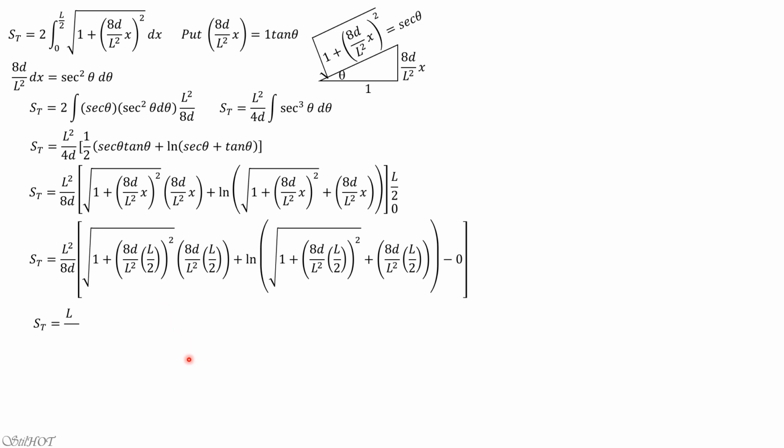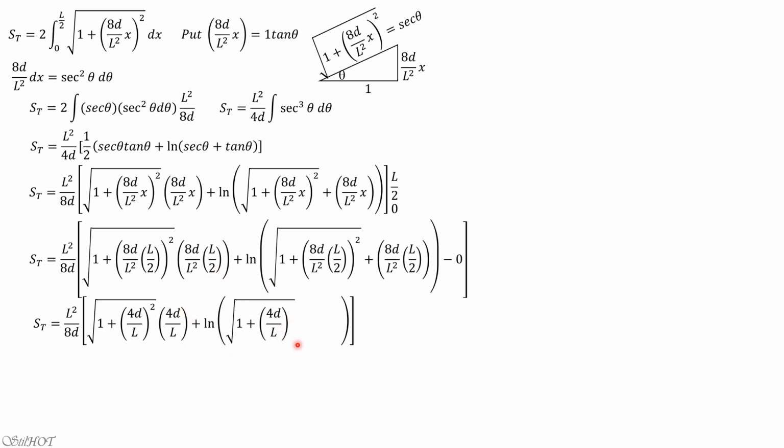So S total equals L squared over 8D, quantity square root of 1 plus quantity 4D over L quantity squared, times 4D over L, plus ln of quantity square root of 1 plus 4D over L squared plus 4D over L. So since 4D over L appears in each term, you can let that equal m.